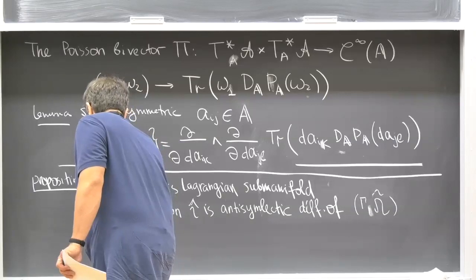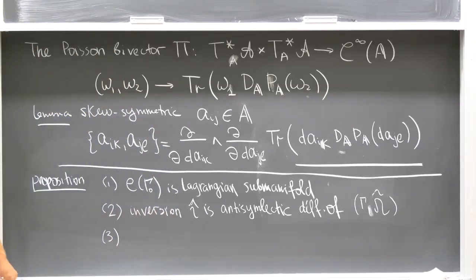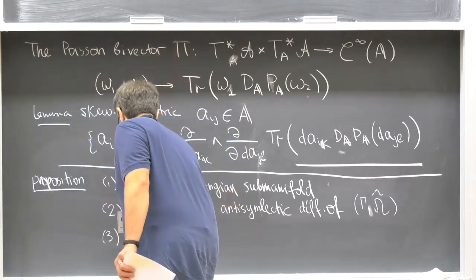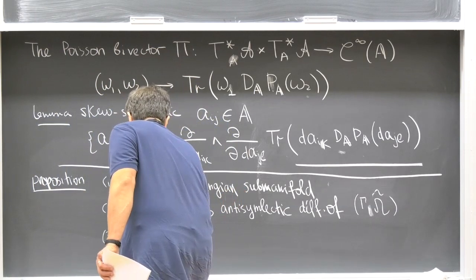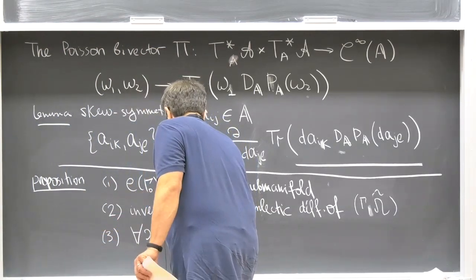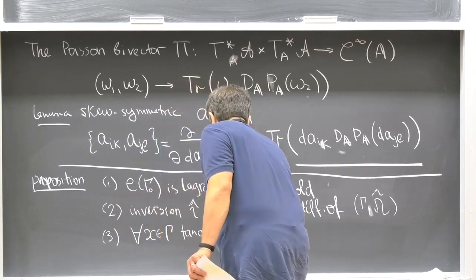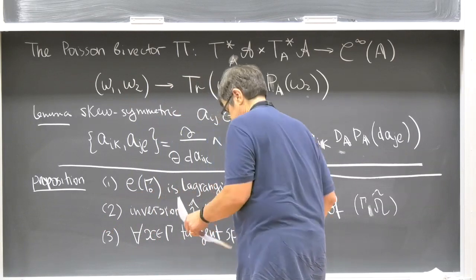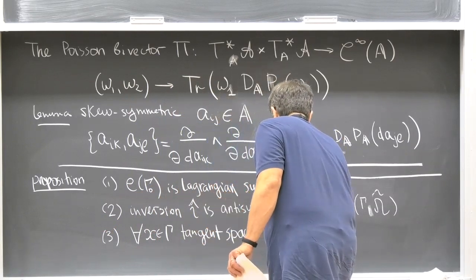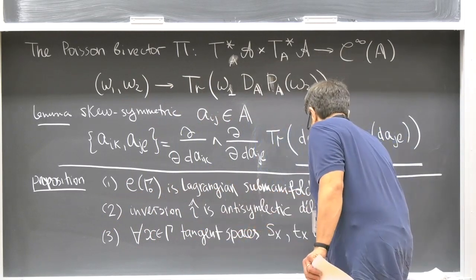And the third condition, which will also play an important role for myself in the rest, is that for any pair, the tangent spaces S_x and T_x are symplectically orthogonal.